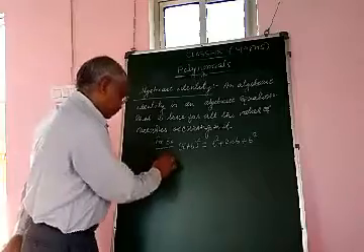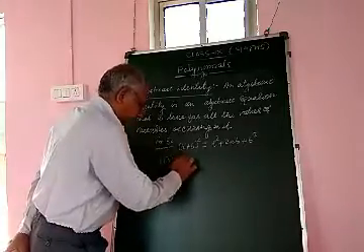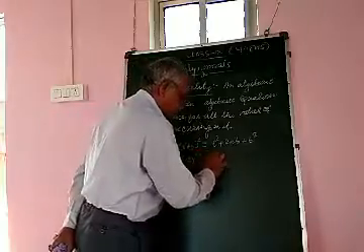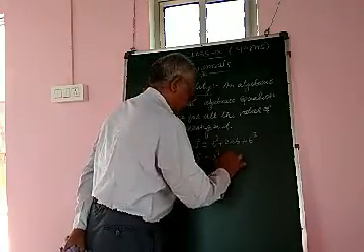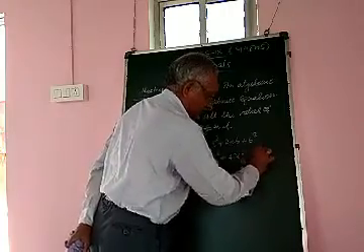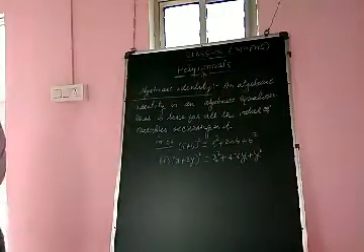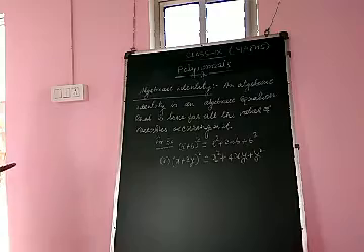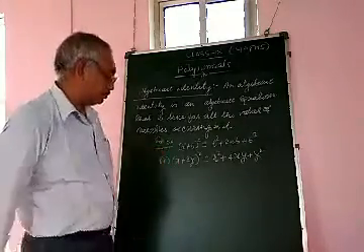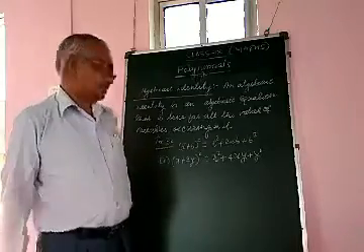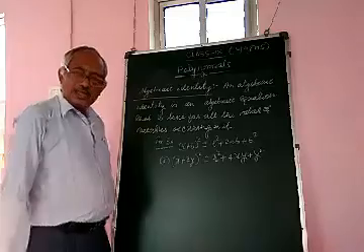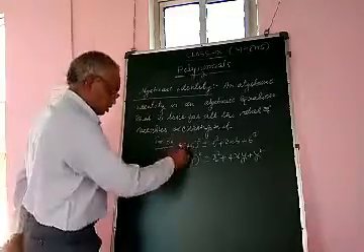We take another example. x plus 2y whole square is equal to x square plus 4xy plus y square. Both are algebraic identities. Check whether this is an algebraic identity or not.